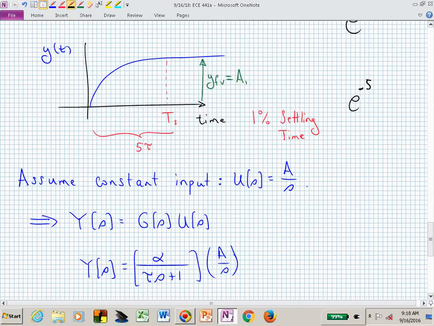And I hope you now feel comfortable that that can occur from many different systems. And our U, capital U of S, is A over S.